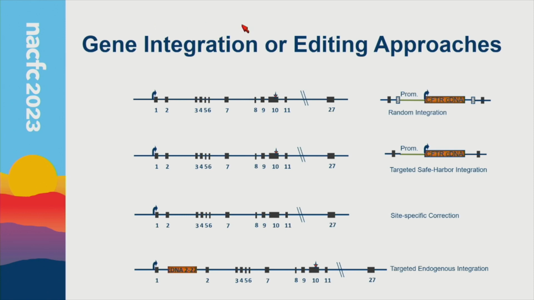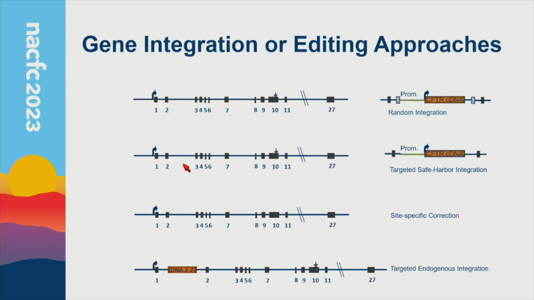And so the idea, through integrating vectors, is to accomplish random integration somewhere else in the genome where we leave the CFTR locus unmodified. The idea is to restore, with appropriate promoter sequences and perhaps insulators, expression of the full CFTR cDNA.